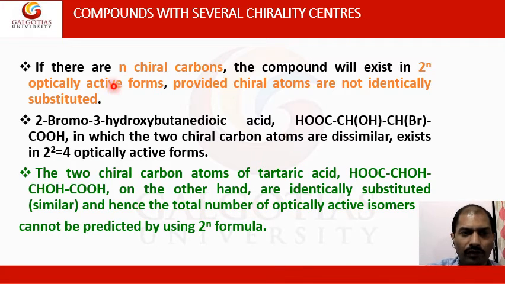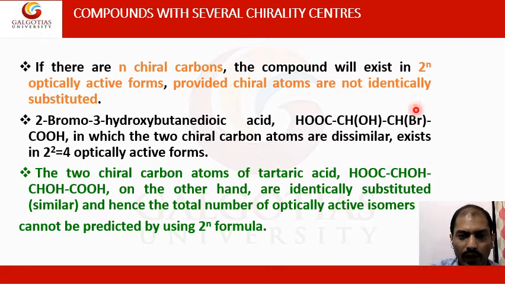Now if there are n chiral carbons, 2 to the power n optically active forms will be seen from that particular chiral compound. For example, 2-bromo-3-hydroxybutanedioic acid is taken here. There are 2 chiral carbons, this carbon and this carbon.